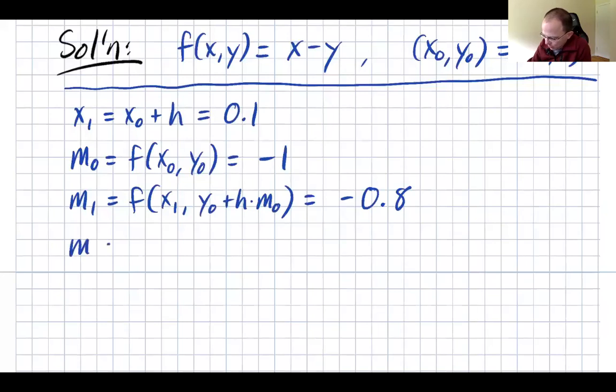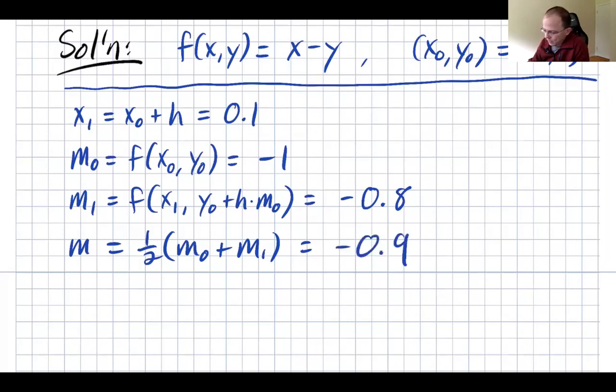So m will be the average of m naught and m1, and of course that is negative 0.9.